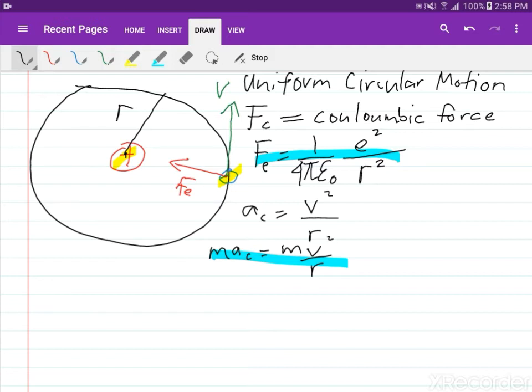So Fe equals Fc. Fe is 1 over 4 pi epsilon naught e squared over r squared, equals mv squared over r.